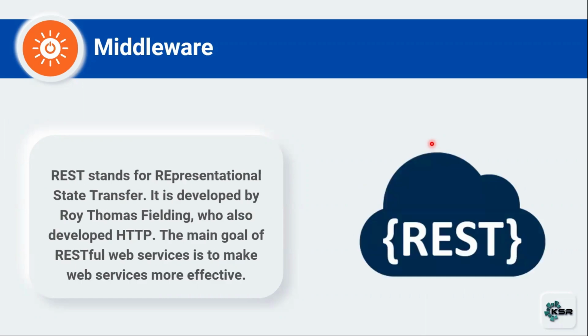REST is Representational State Transfer, where we pass our input from Angular to Spring Boot and then through the MySQL database and get the data. So we will be able to use this REST API, which acts as a middleware between the frontend and the database.